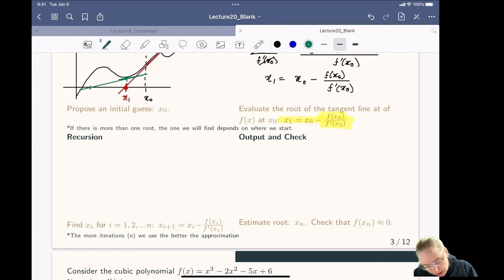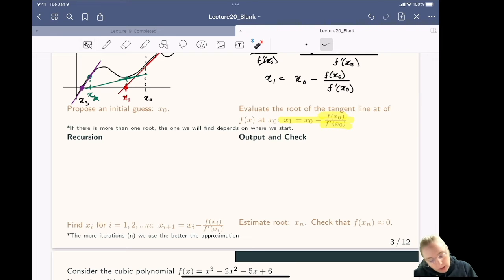Okay, so here's our new root. Here's x2. All right, so this has our root here. Now, let's draw the tangent line there. And we draw the tangent line like this, and the tangent line comes out to being here. So x3.